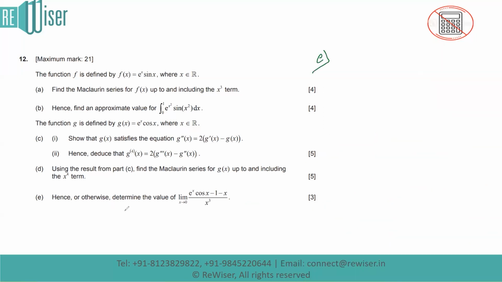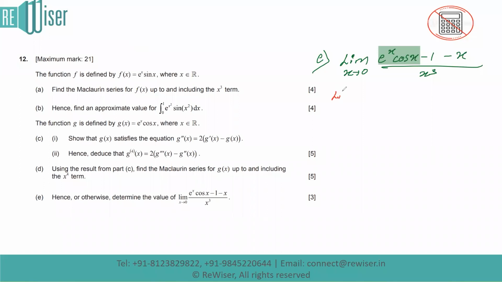Next, for part E, hence or otherwise determine the value of this limit. We are talking about the limit as x tends to 0 of e power x cos x minus 1 minus x, and the entire thing divided by x cubed. Now from part C, we need to replace this e power x cos x.